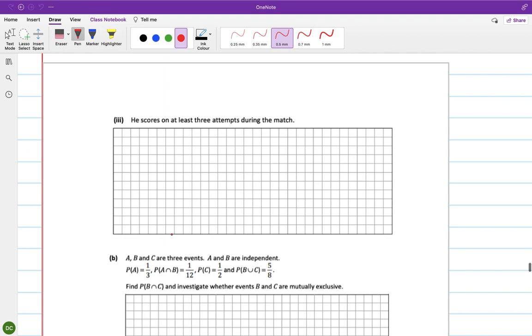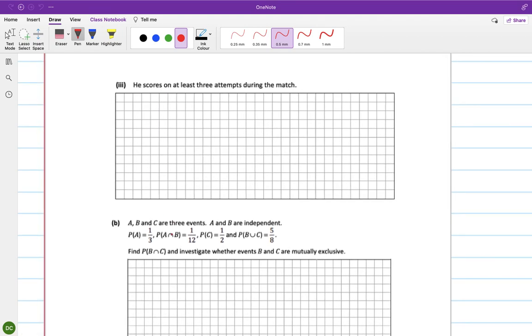Okay. He scores at least 3 attempts during the match. So at least 3 means he scores... If he scores at least 3, it means he scores either 3 or 4 or 5. Yeah?